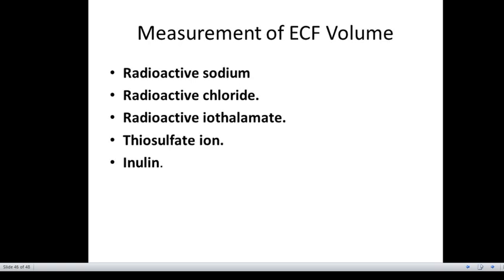Next is the measurement of extracellular fluid volume, which can be estimated by using radioactive sodium, radioactive chloride, radioactive iothalamate, thiosulfate ions, and inulin.